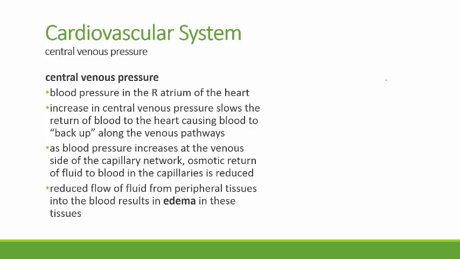Let's say we're thinking about 16 millimeters mercury at the capillary network, and normally it's 2 millimeters mercury at the central venous pressure. But let's say we increased central venous pressure from 2 to 10. Now the difference is less.